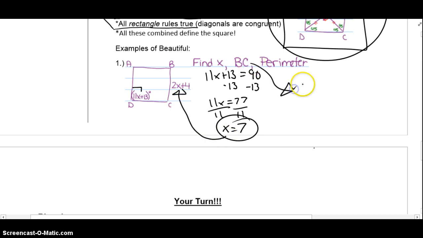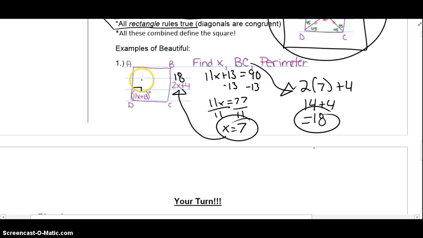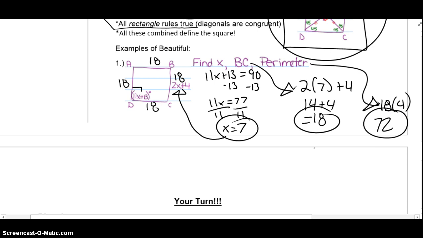So for BC here, I'm going to have 2 times 7 plus 4. 2 times 7 is 14, then plus 4 equals 18. So one side length equals 18. Since the square holds the properties of a rectangle and a rhombus, if that's 18, this is 18, this is 18, and this is 18. Or again, for congruent sides, we can multiply 18 by 4, and you're going to get a perimeter of 72 for this square.